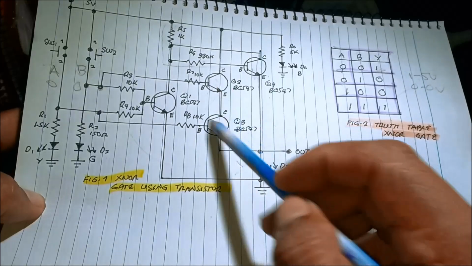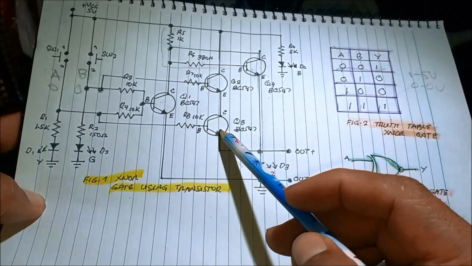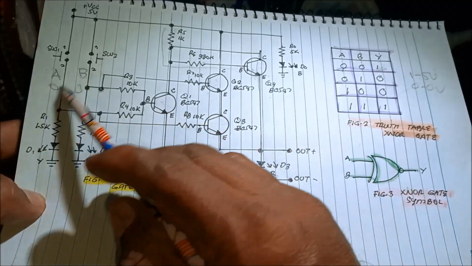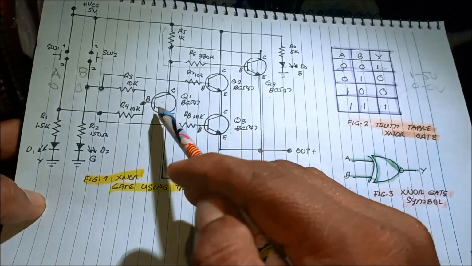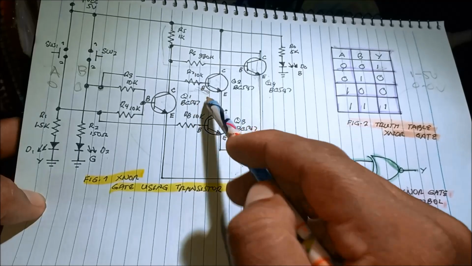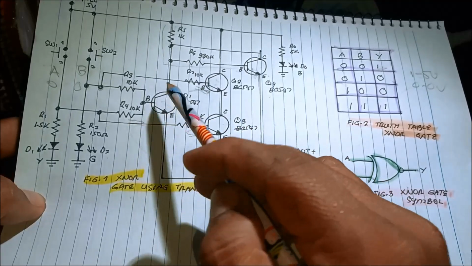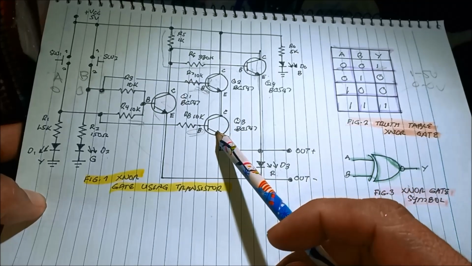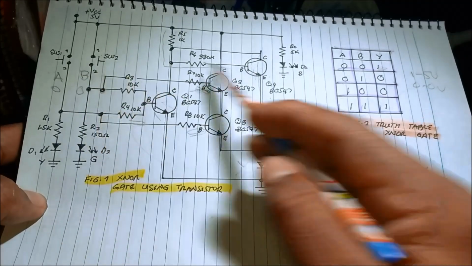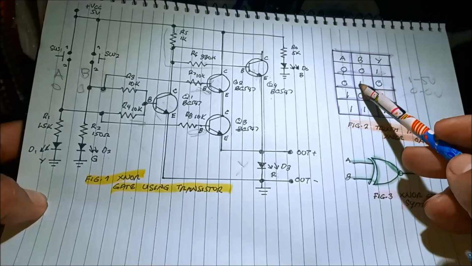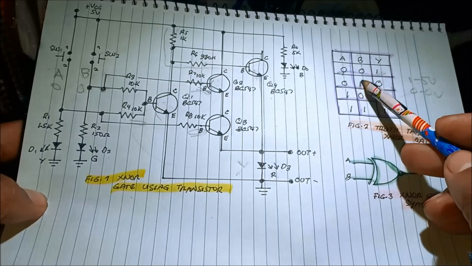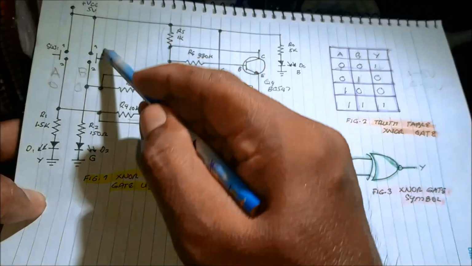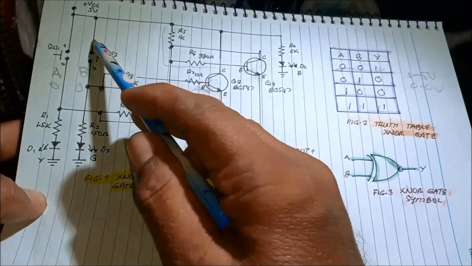Why is it that these 3 transistors are off? Because we don't have the input. We need triggering current to the base of the transistor to turn on these 3 transistors. So when we apply a positive logic level, high 5 volts, to the switch B, which is the switch 2, we are injecting a current.